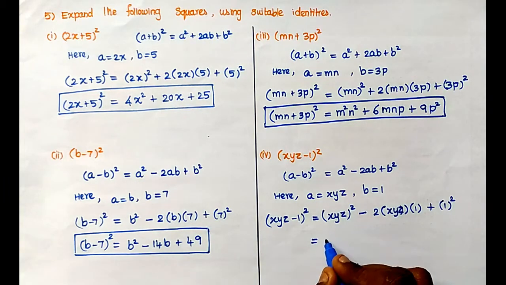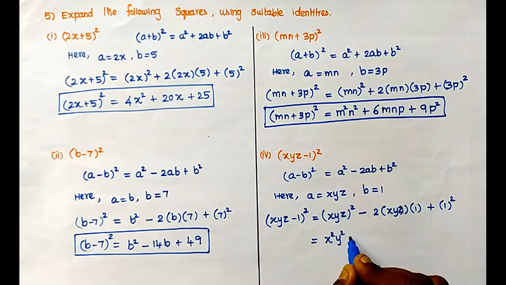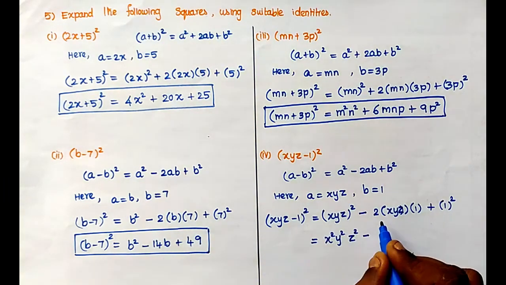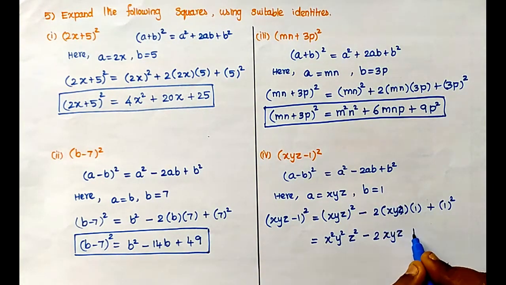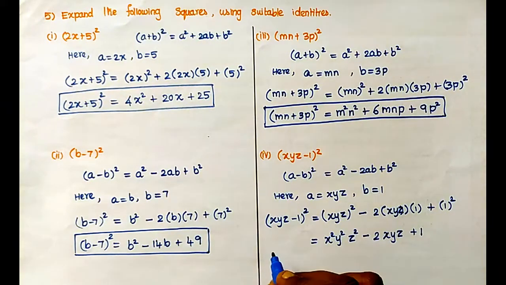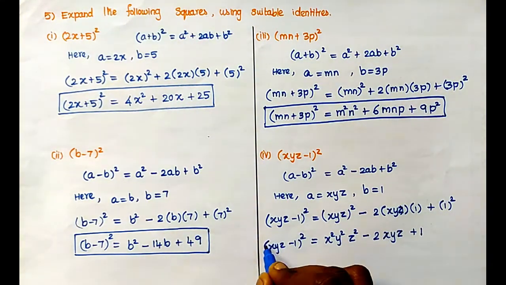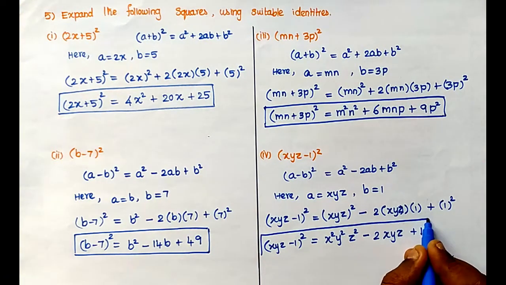Now squared means we get x squared y squared z squared minus 2 into 1, 2xyz, plus 1 squared, 1. That is the answer.